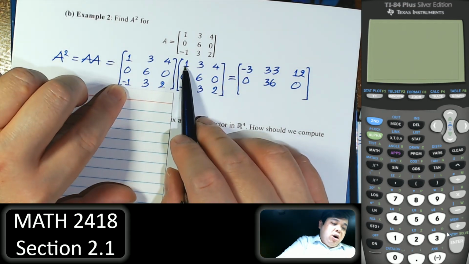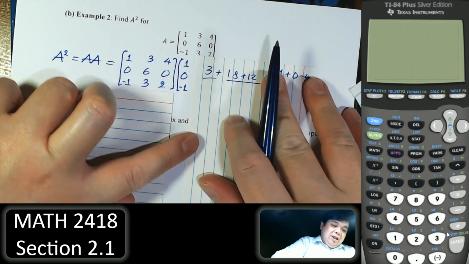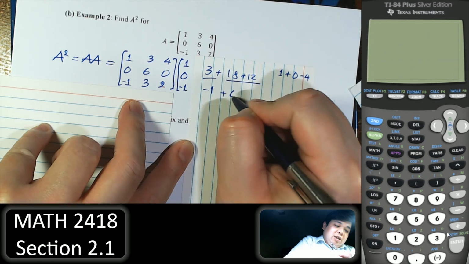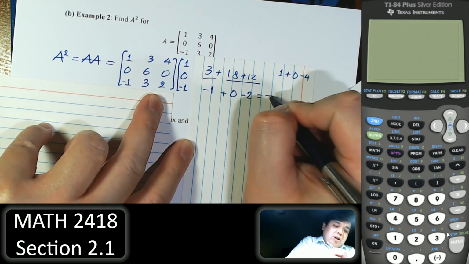Negative 1 times 1, just write down. Negative 1 times 1, 3 times 0, 2 times negative 1, so that's negative 3.